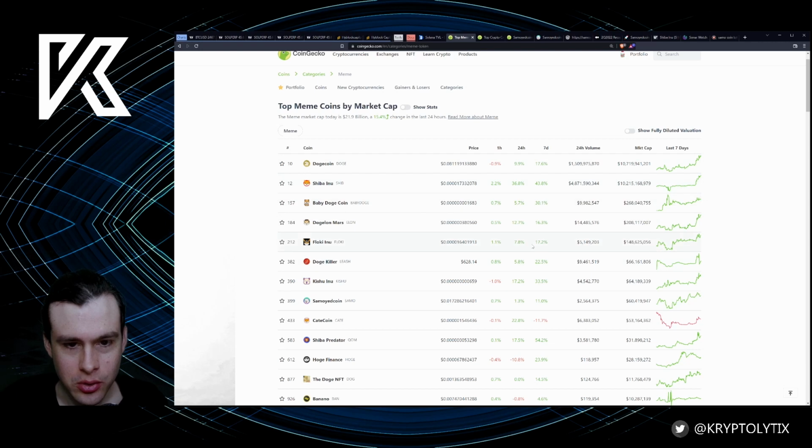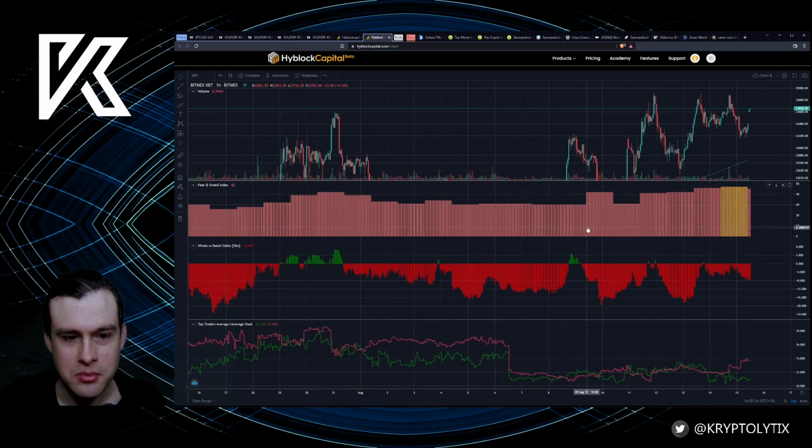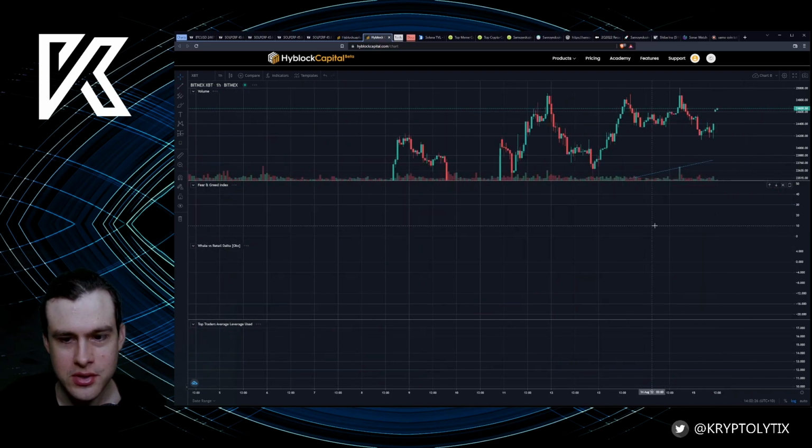But not all of the meme coins have gone up, which I think is kind of interesting. We are getting a little overheated, and the fact that we printed a little bit of greed on this Hyblock chart tells me that this is usually when meme coins tend to do well, right? When things start getting more greedy, that's when your meme coins do pretty well. So maybe we can use this to our advantage as well.